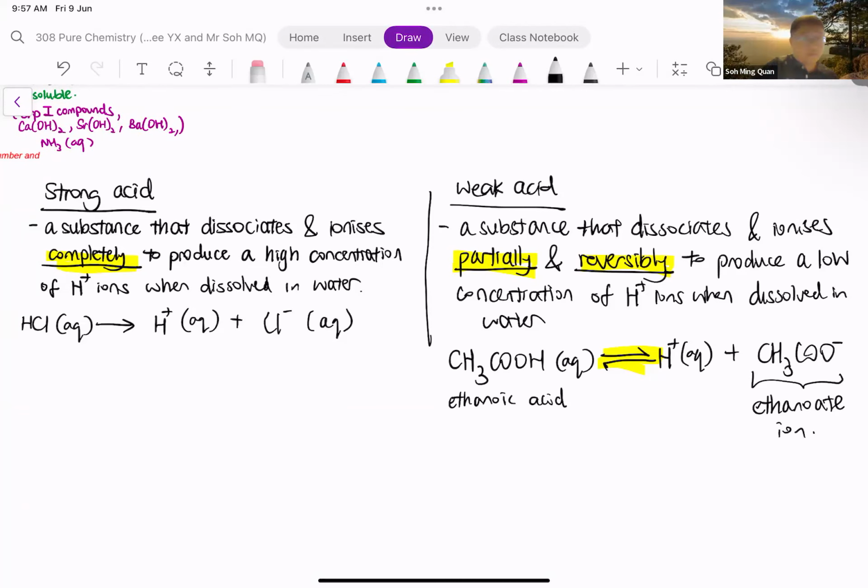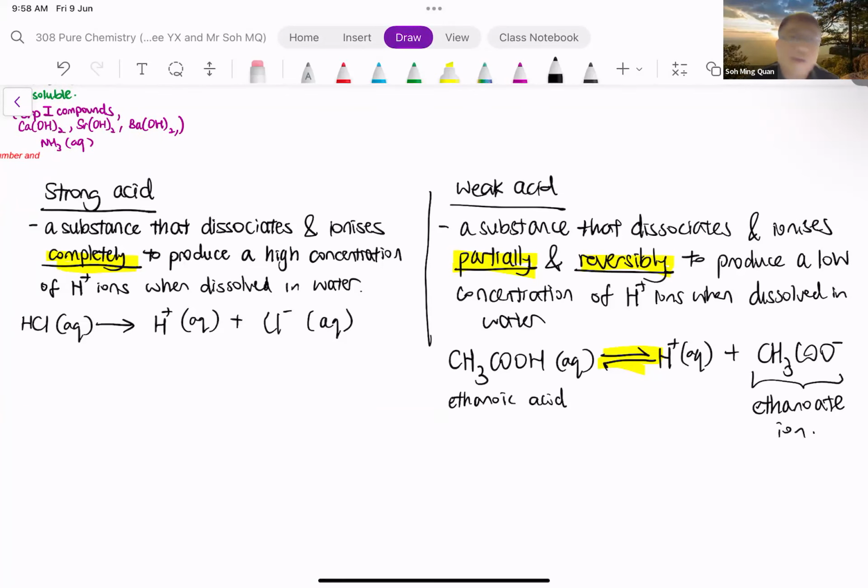All right. So carboxylic acids, organic acids, are weak acids. So ethanoic acid belongs to the carboxylic acid homologous series. So ethanoic acid is a weak acid.